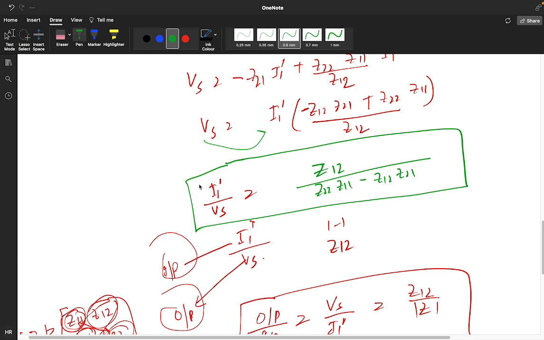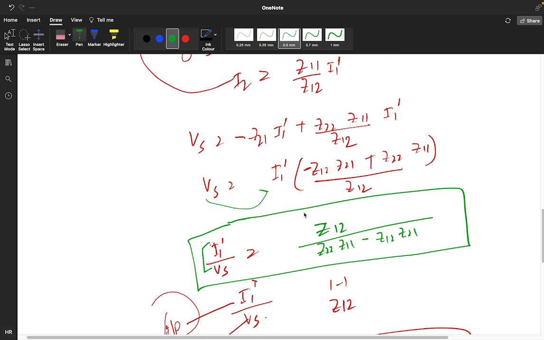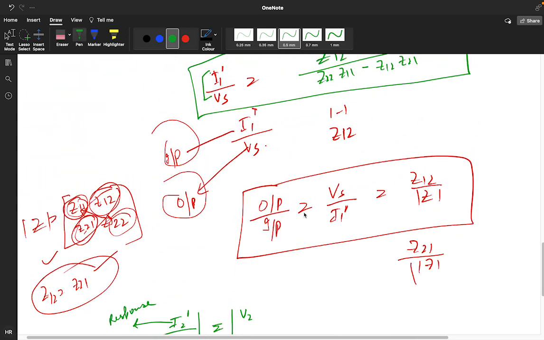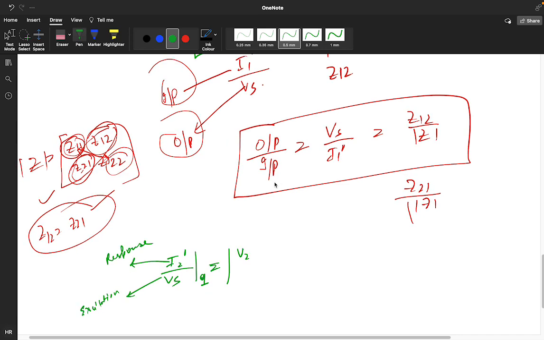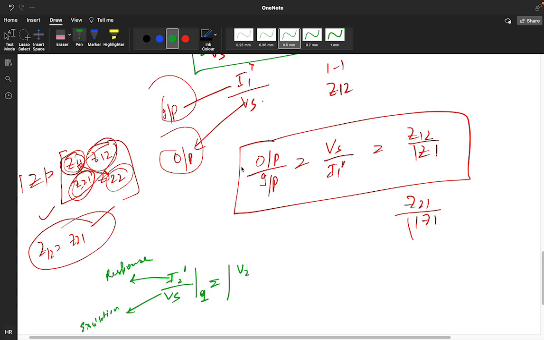So the I by V ratio is coming the same in both places. Output upon input, the response to excitation, is coming the same.